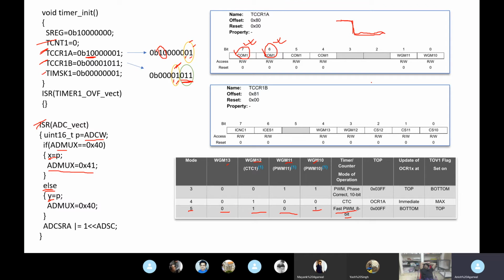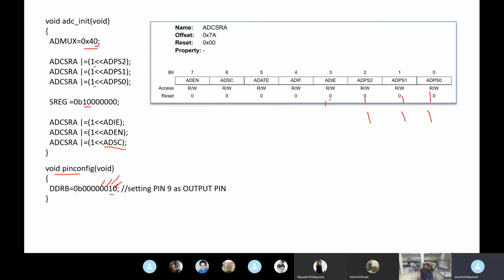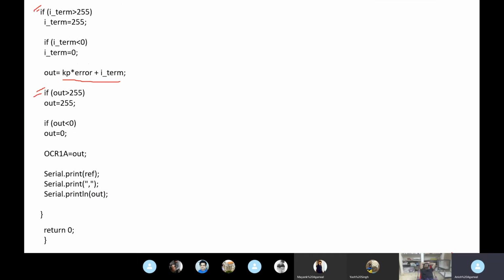That OCR1A value, I have given as the output. OCR1A is equal to output. Output is my KP into error plus I term, and I have given OCR1A as output. So if the value of output is 200, then the microcontroller will stay high at 5 volt from 0 to 200, and from 200 to 255 it will stay low.